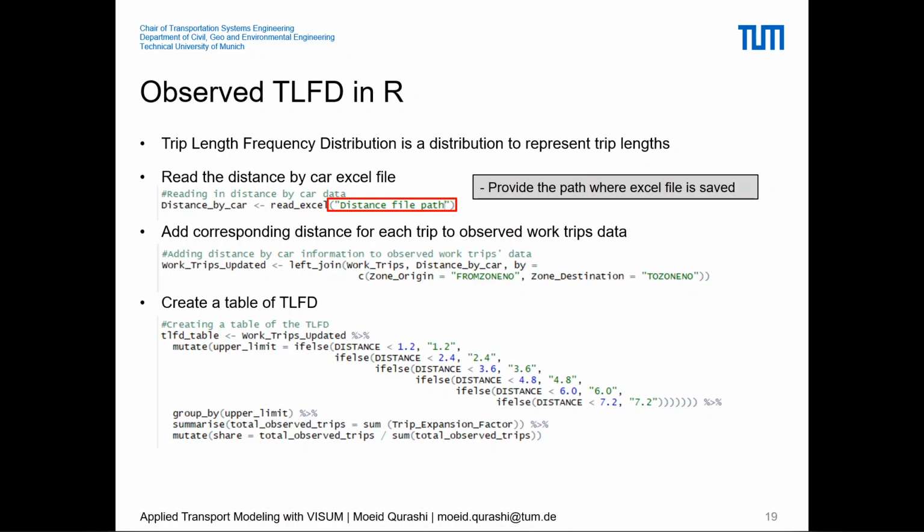So we had the from zone and to zone in our work trips, and we associated their distances with the trips. Once we had that, we created a distribution of our work trips based on the records. And this is what we call the trip length frequency distribution.